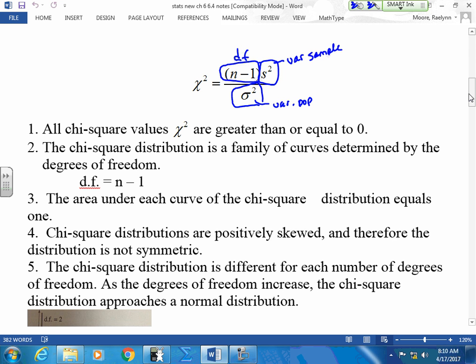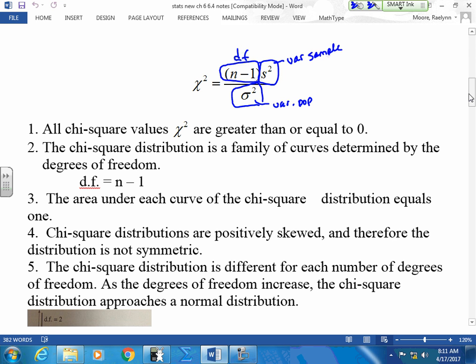We're going to play with this a little bit, but basically it's going to look like this. All your chi-square values, that special little x, are going to be greater than or equal to 0. They're all going to be positive numbers. They can be 0. The chi-square distribution is determined by the degrees of freedom, where everybody has a choice of freedom except that last one. The area under the curve, no matter what it looks like, still is equal to 1.